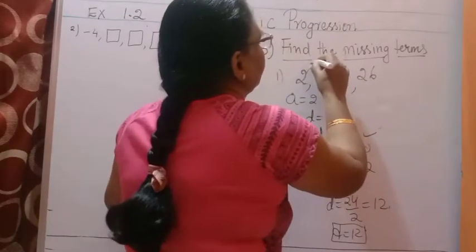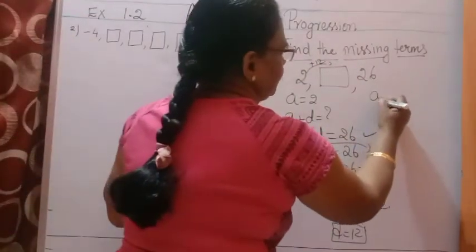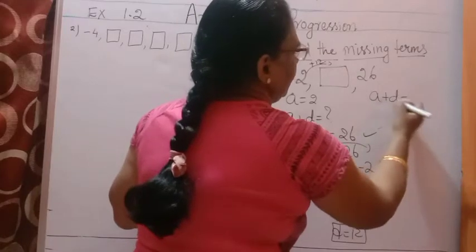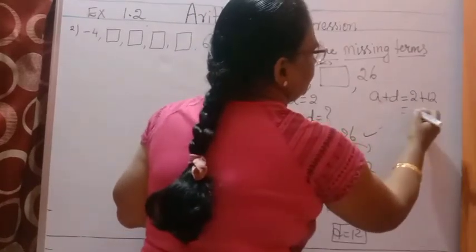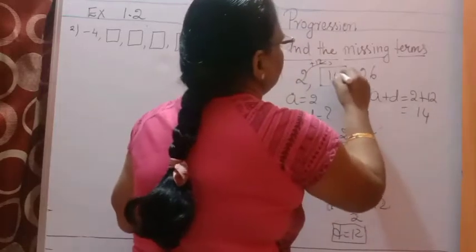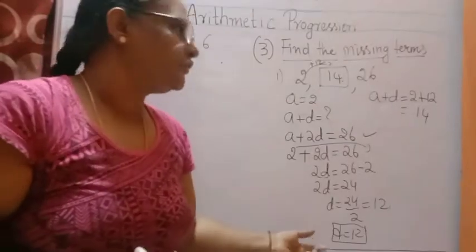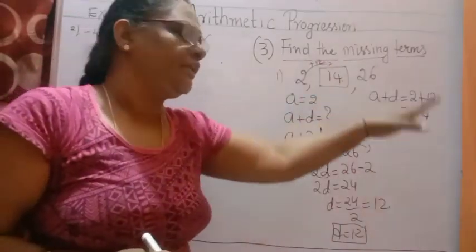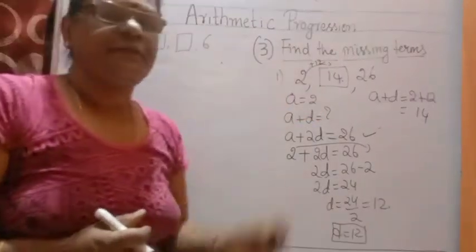By adding D. So the second term A plus D is equal to, A means 2, D means 12, 2 plus 12, that is equal to 14. A is already given, D you have found out just now. Add D to A and you will get the second term.